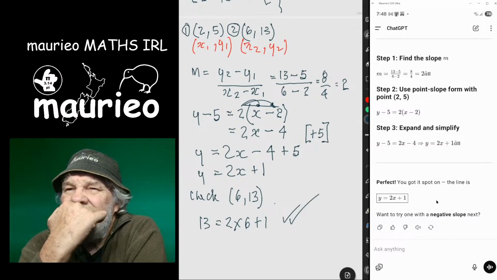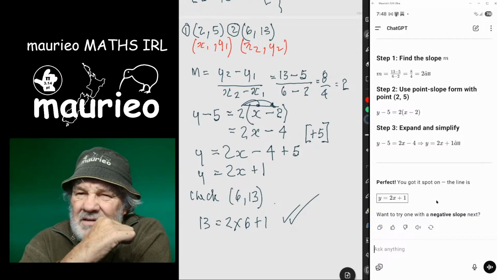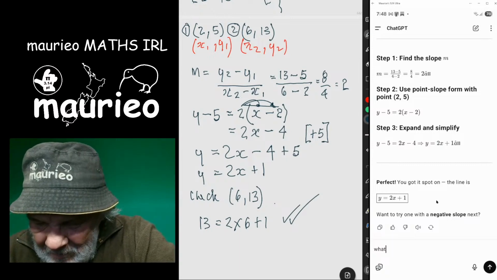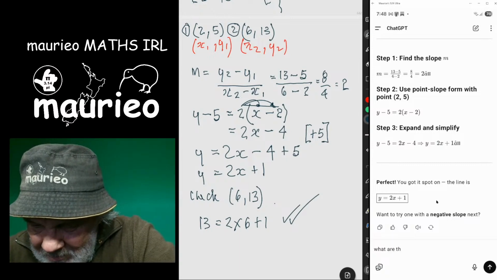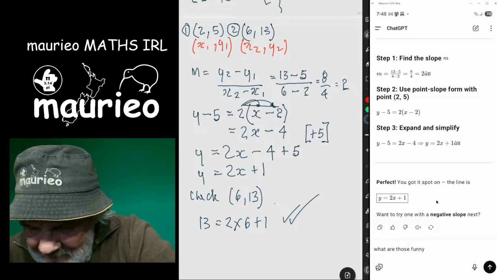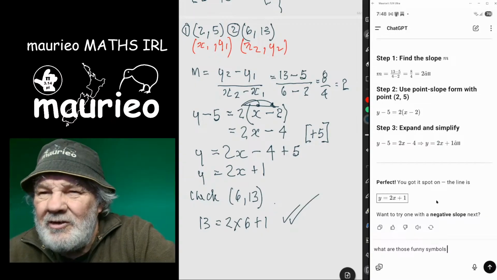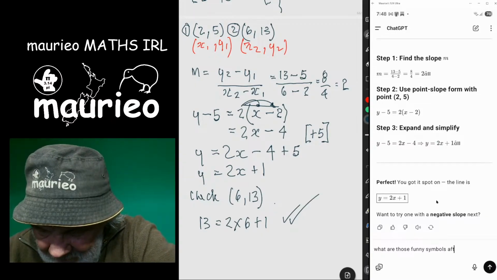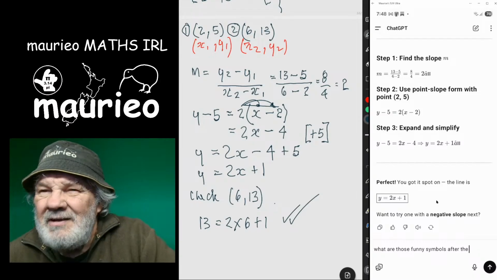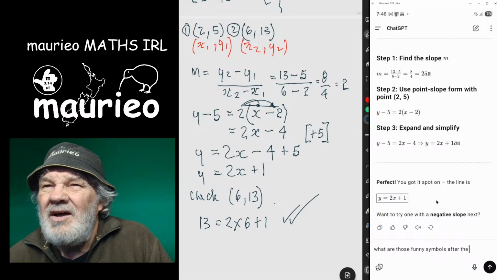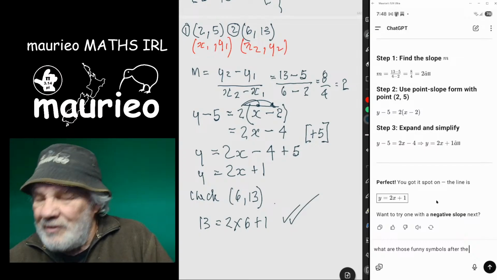Yeah, I'll ask it. What are those funny symbols after the two?